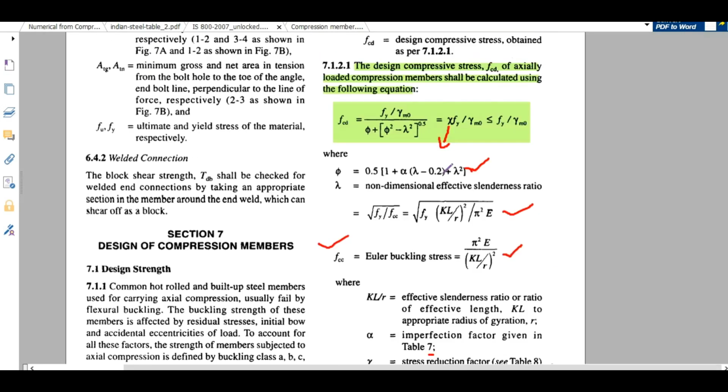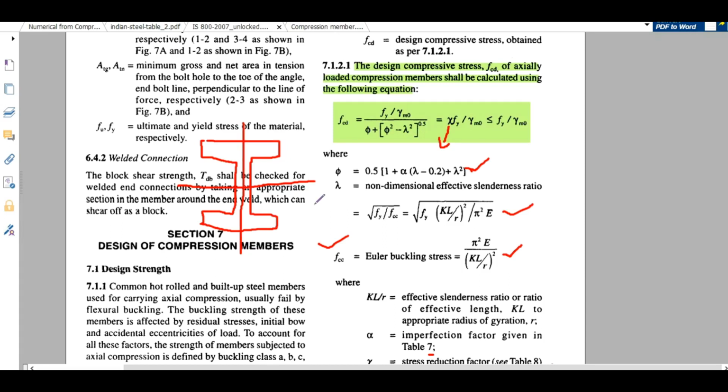Now, for a particular cross section, suppose we have an I section. For an I section there are two axes, the Z axis and the Y axis.